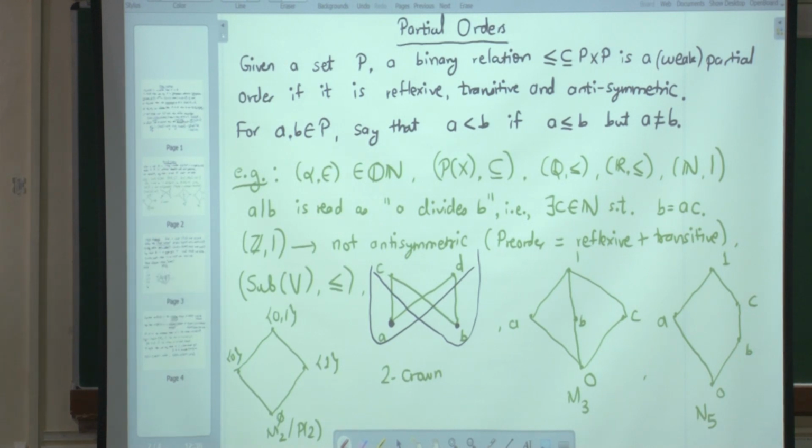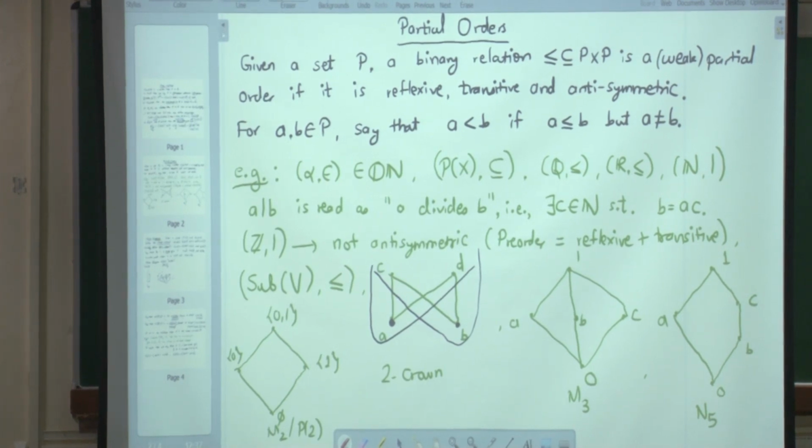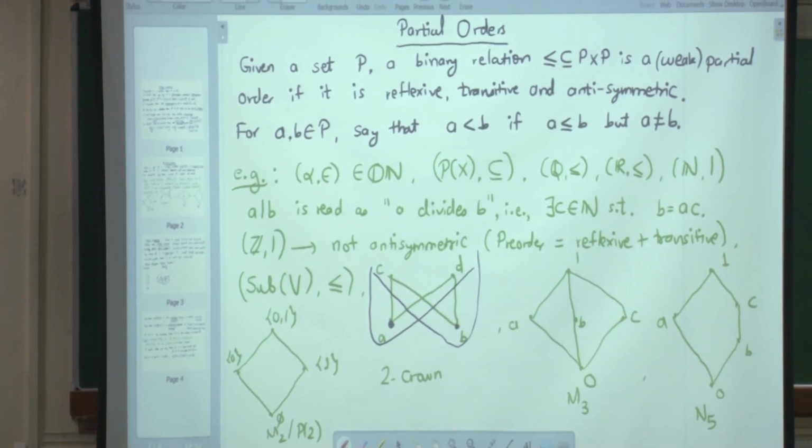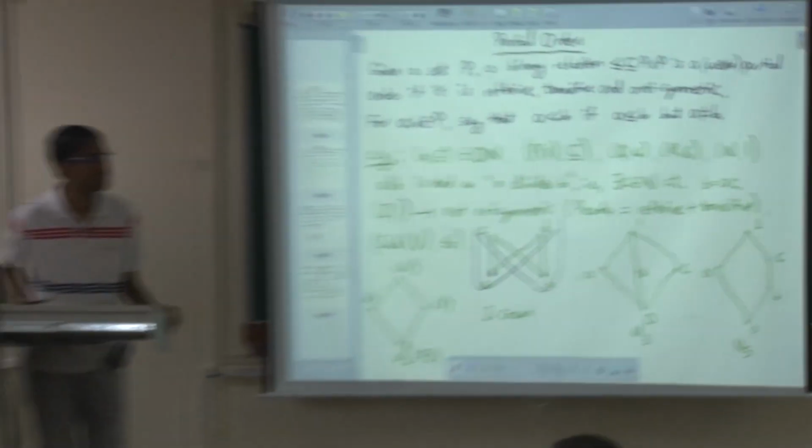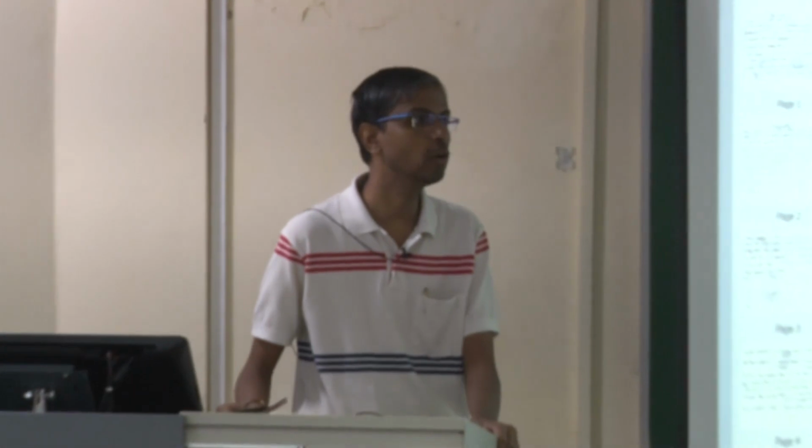Do they have a least upper bound? What are their common upper bounds? C and D. And is there a least one among C and D? So therefore they do not have a least upper bound. Okay, so let me continue with the definitions.